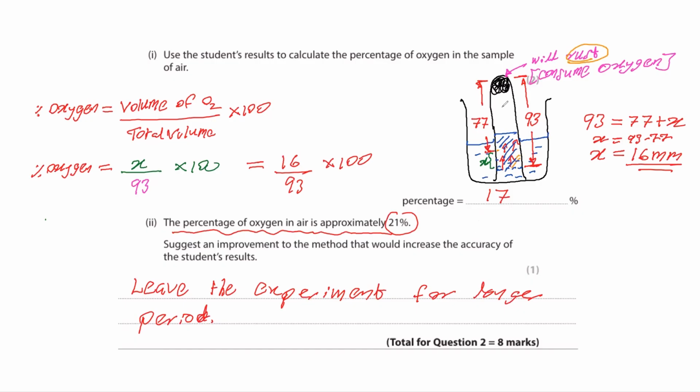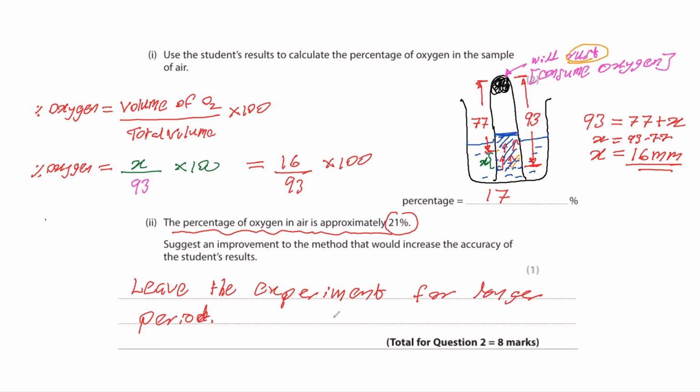The remaining volume shows that no more oxygen is left. If there were any more oxygen, the liquid level would keep on rising because rusting would consume oxygen. If the liquid stops there, that means there is no more oxygen to react. That's what happens there. Leave the experiment for a longer period.